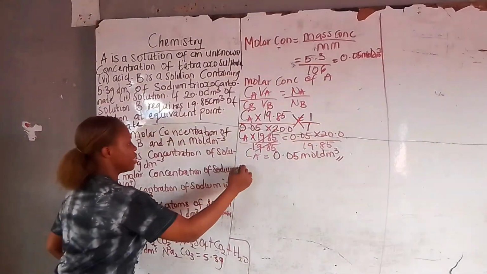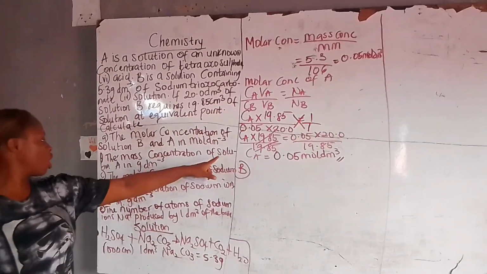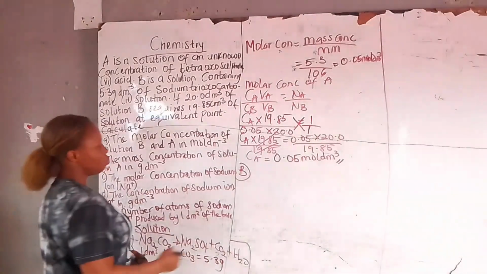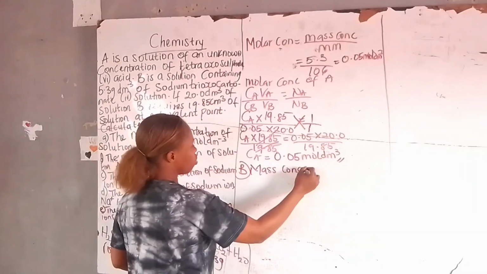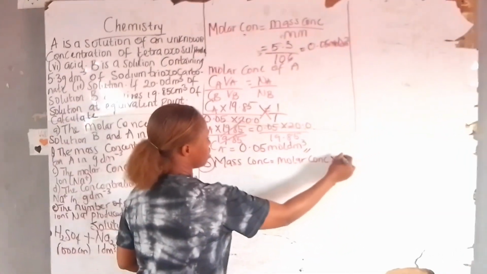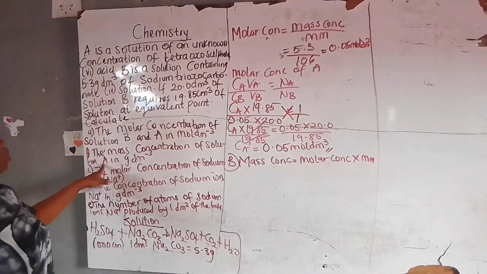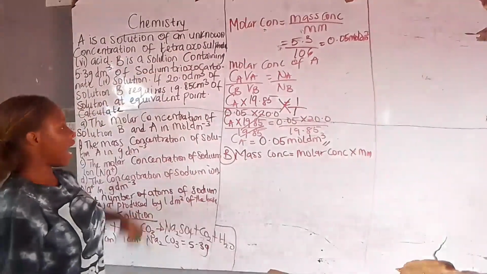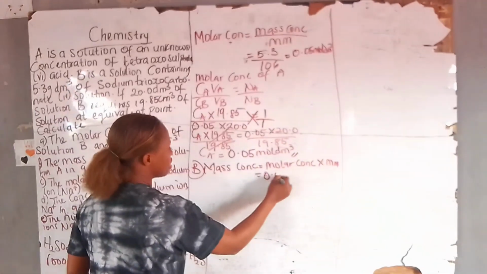Question B says we should find the mass concentration of solution A in gram per dm cube. What is the formula for mass concentration? Mass concentration is equal to molar concentration times molar mass. Solution A is an acid, which is tetraoxosulfate(VI) acid. What is the molar concentration we got for the acid? 0.05.